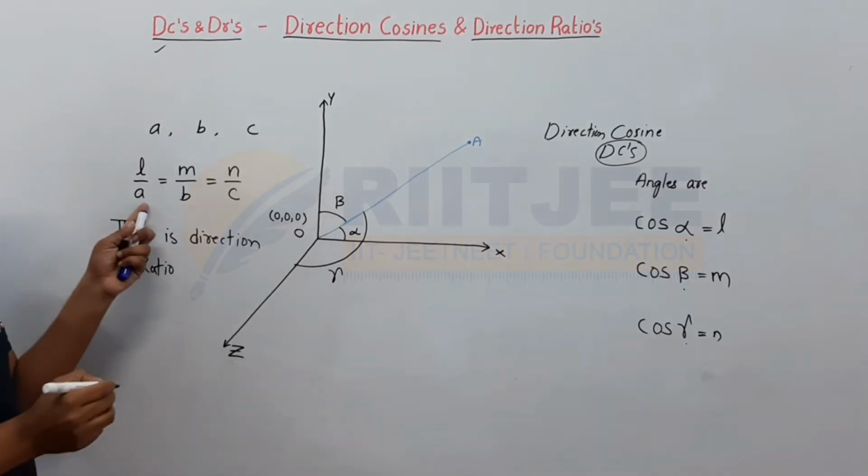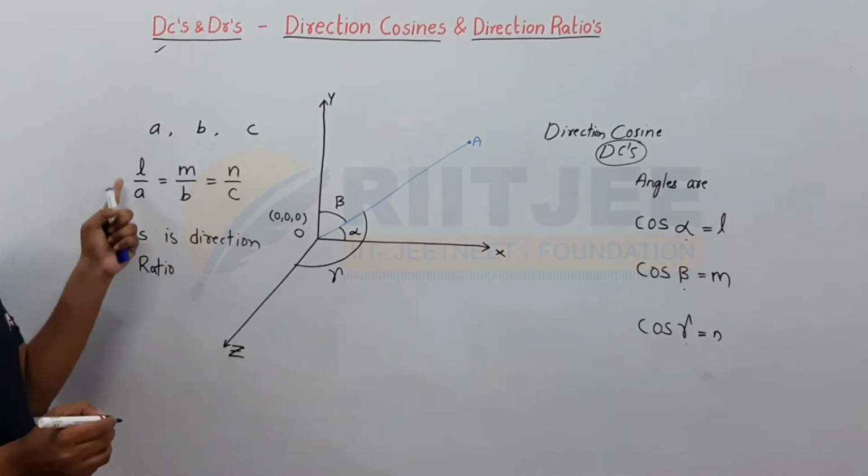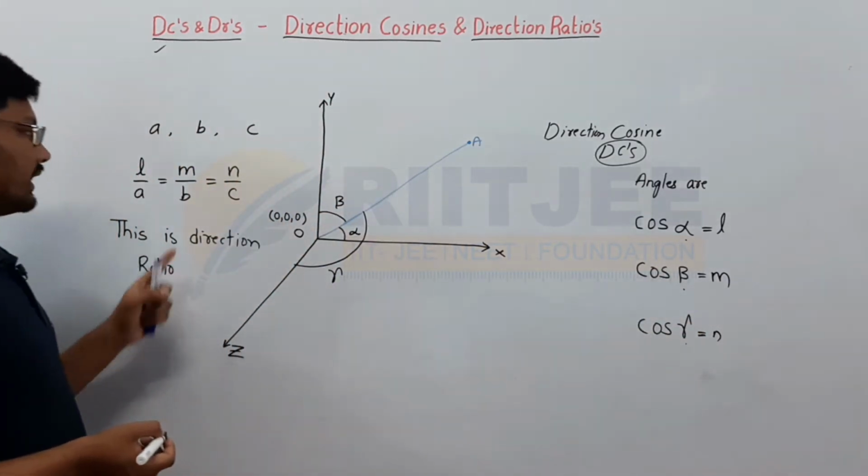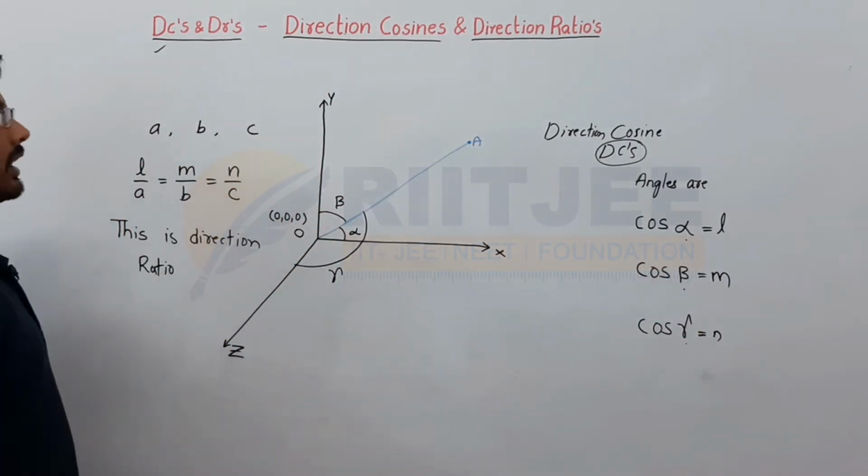The ratio of these values is equal to each other, where L is nothing but cos alpha, M is nothing but cos beta, N is nothing but cos gamma here.